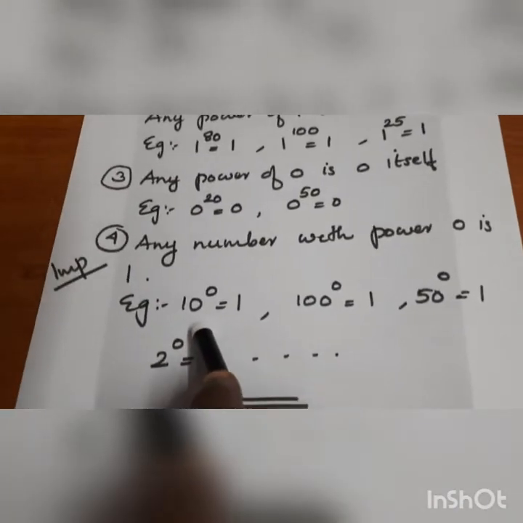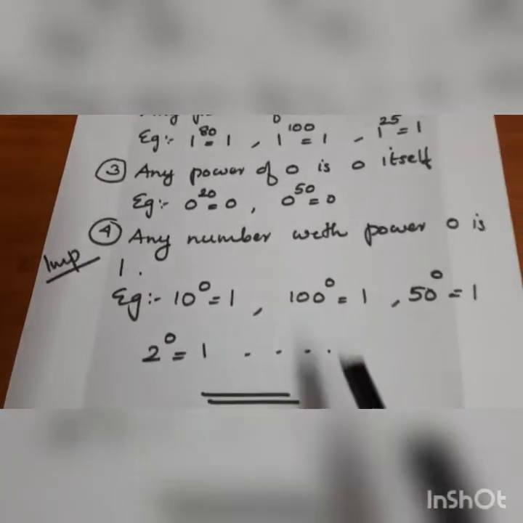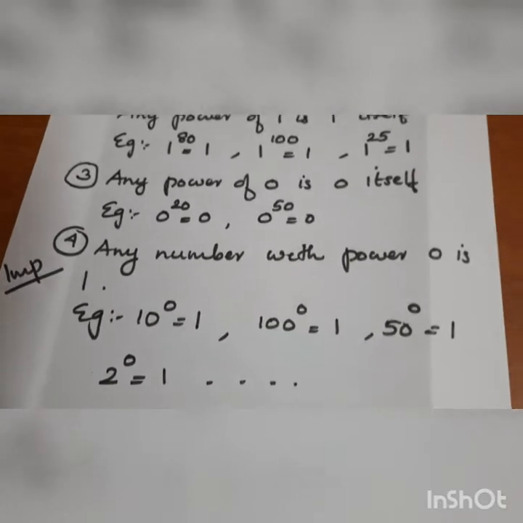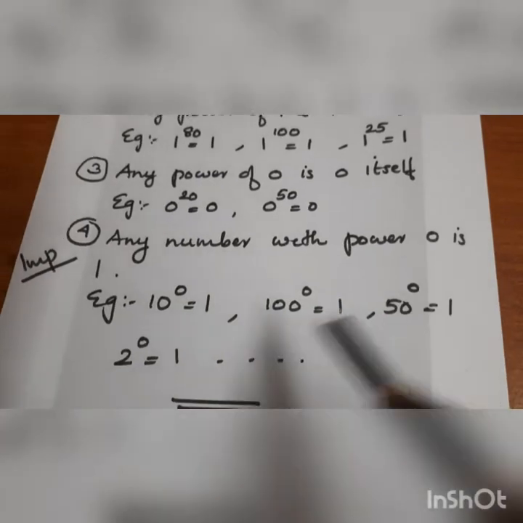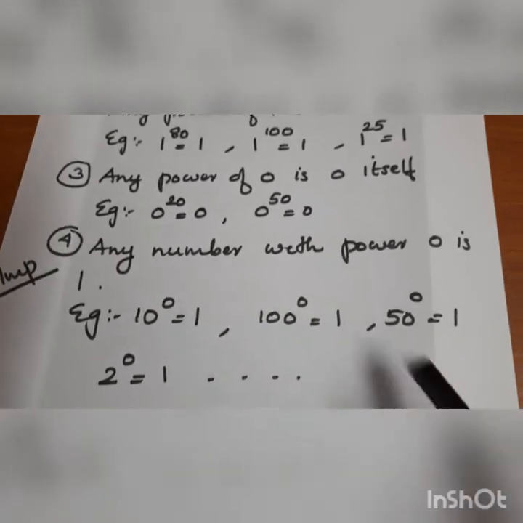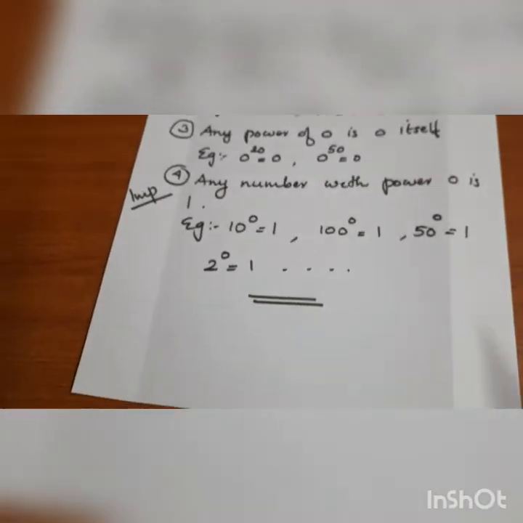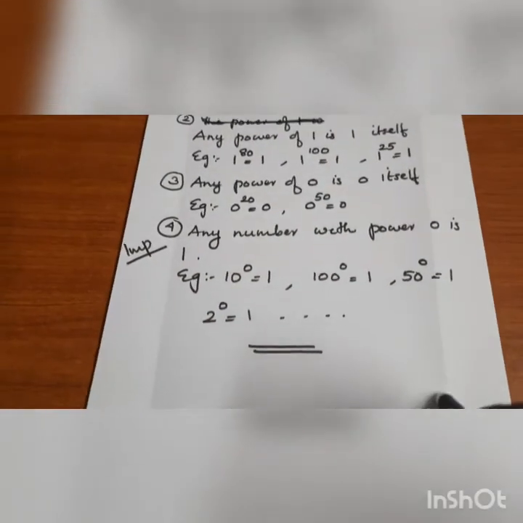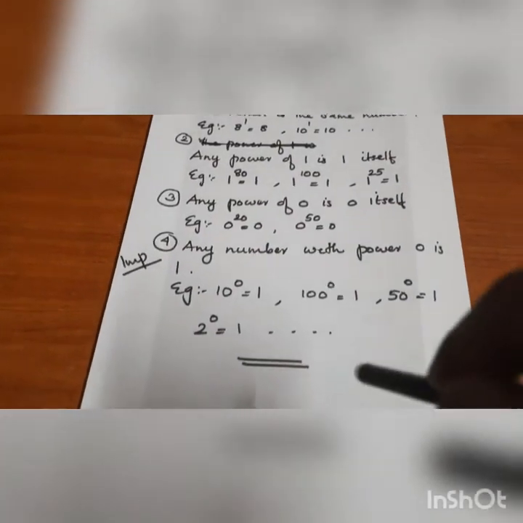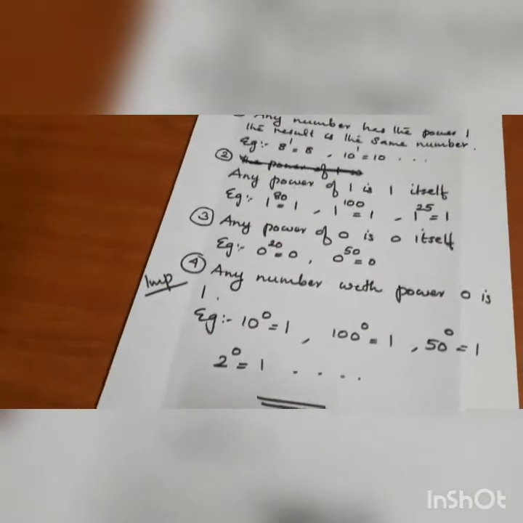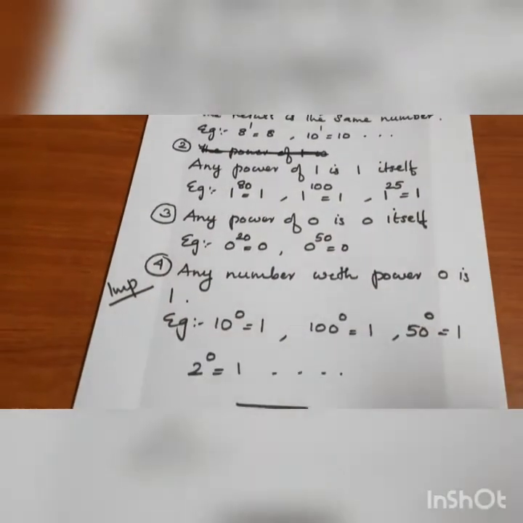Example, 10 raised to 0 is 1, 100 raised to 0 is 1, 50 raised to 0 is 1, 2 raised to 0, etc. Any number with the power 0, the result is 1 itself. Therefore, whenever we have to write 1 as an exponent expression, that number raised to 0 is 1 itself.